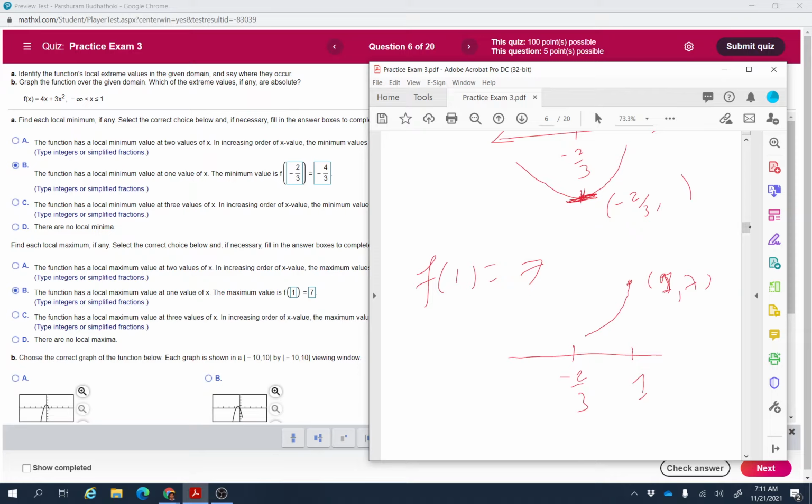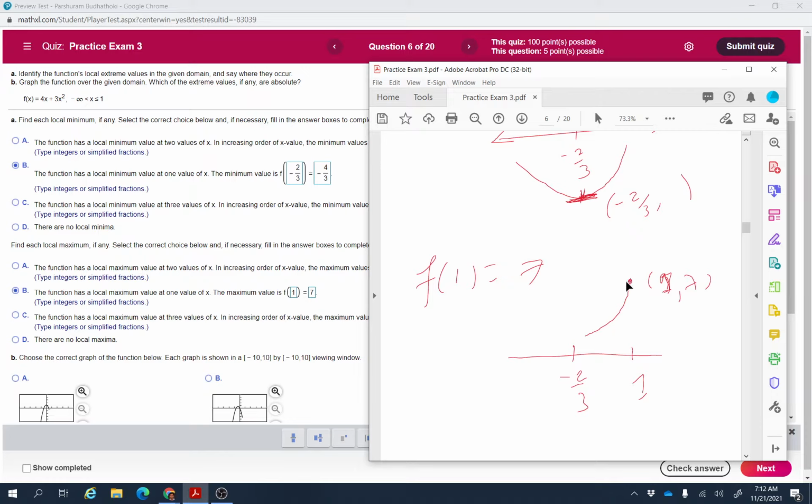At this point, that's the final point, and after it there is no value because the domain is bounded. So the derivative of the function at this point does not exist because of this final point. So what we can say is this is the local maximum value. Local maximum means that if you compare the value of the function at 1 to the nearest value to the left and to the right, it will be the maximum.